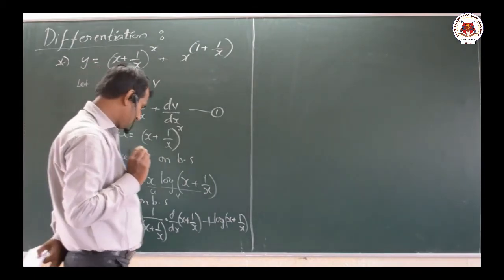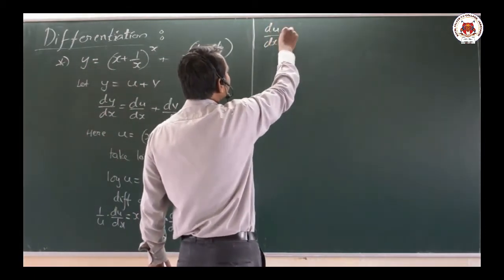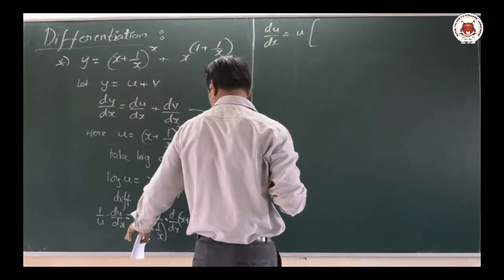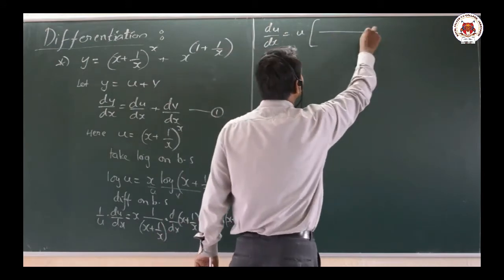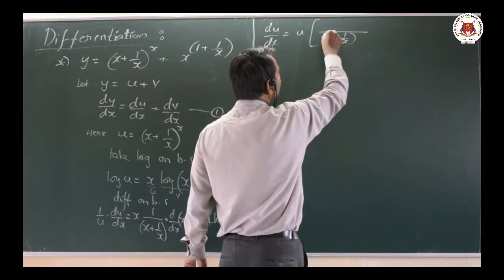Very simple. Now which is equal to du by dx equal to u of, okay, now here x as it is, I will write down the denominator part, that is x plus 1 by x here.